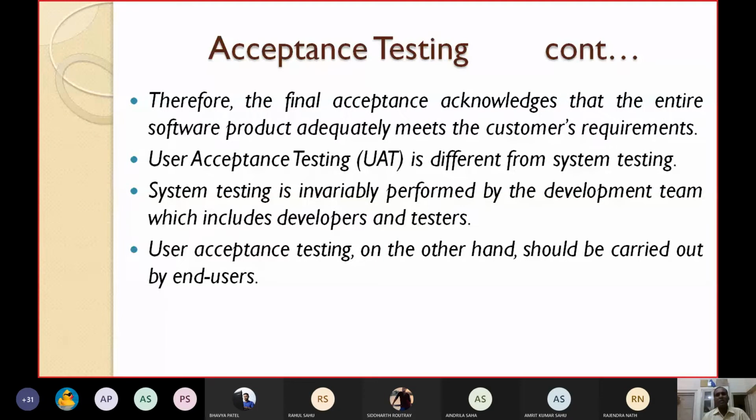On the other hand, user acceptance testing should be carried out by the end users or by the customers, so that they themselves will take a decision whether to accept or reject, or they can give some suggestions: you have left out these functionalities, include them, then only we will perform acceptance testing again and give our decision regarding acceptance of the system. So user acceptance testing should be carried out by the end users or the customers, while system testing is normally performed by the developers and the testers.